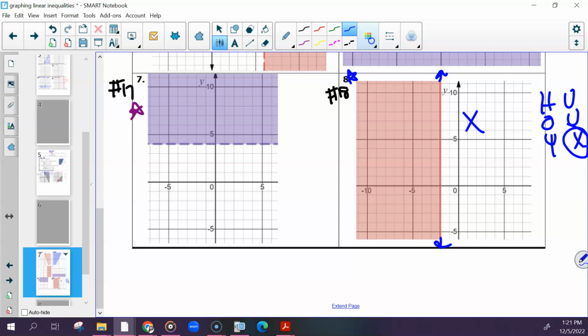We know this goes through -2. It's a solid line, so it has to be less than or equal to or greater than or equal to. Look at the numbers it's shaded on. Are these numbers less than -2 or greater than -2? Less than. So x is less than or equal to -2 would be your final answer.